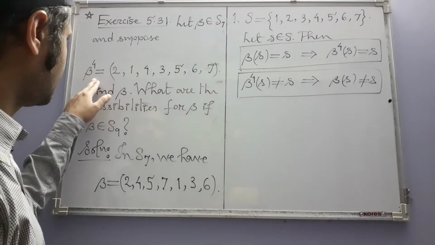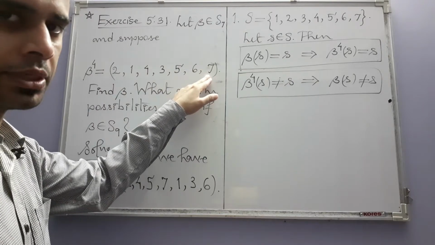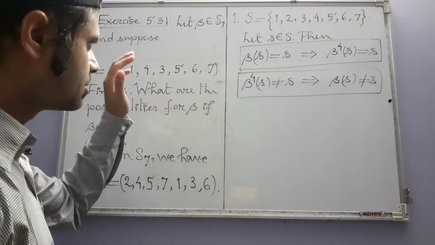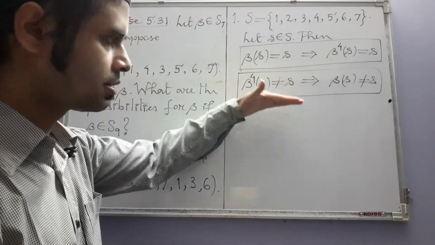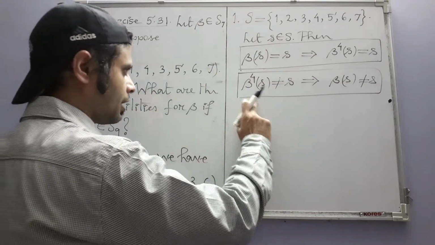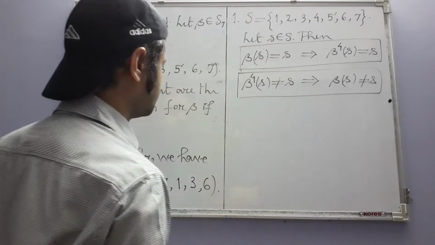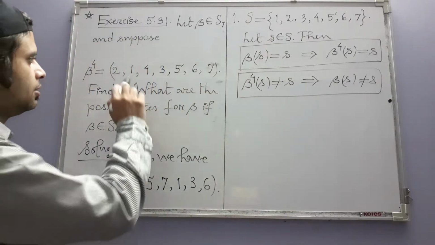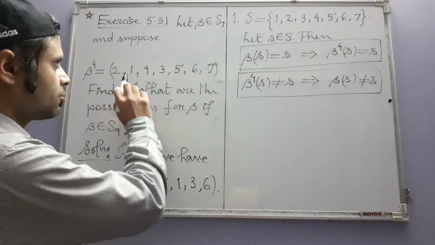Okay. Now looking at beta to the power 4, which we in fact have, we know exactly what beta to the power 4 is, we see that the hypothesis of this implication, this one, not the one above, is true for all s belonging to S, because you see that beta to the power 4 does not fix anything. It changes all the symbols.